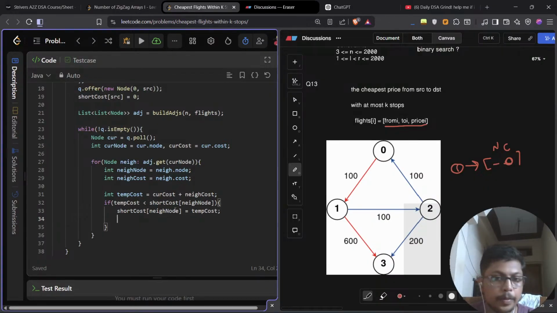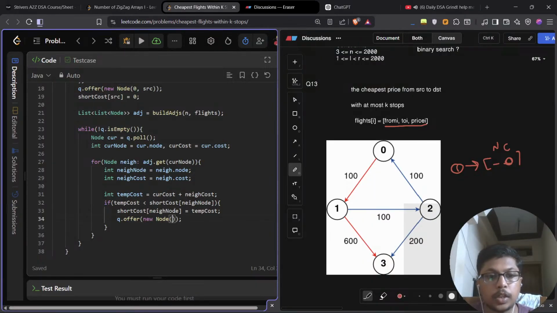Okay. Now since it is done, what I should do? I have updated the thing and the cost is now less. What I would have to put it into the queue, and now observe from this perspective and see if this is the smallest cost, then I will try to explore from here. Since I have updated this one, what I should do now?